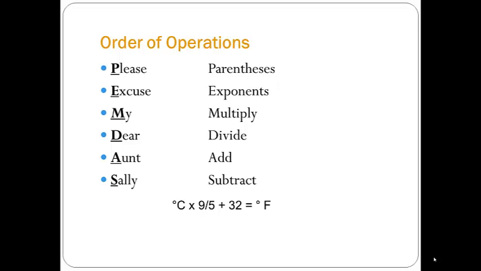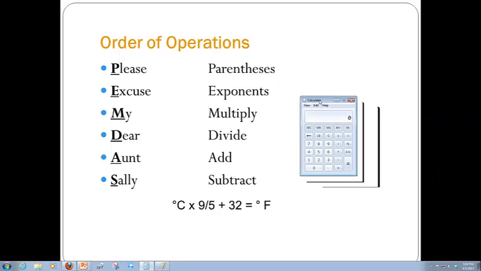An example where the order of operations is important is on the slide. You will be asked to memorize the formula for converting temperature from degrees Celsius to degrees Fahrenheit. If the operations in this equation are not performed in the correct order, you won't come up with the correct answer. So to illustrate this point, I'm going to bring in my calculator, and we'll work through the equation the first time just from left to right without regard to the correct order of operations.